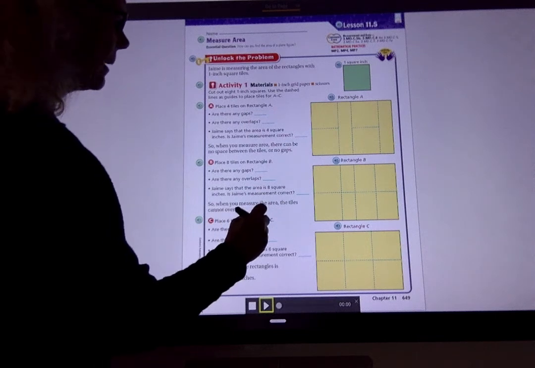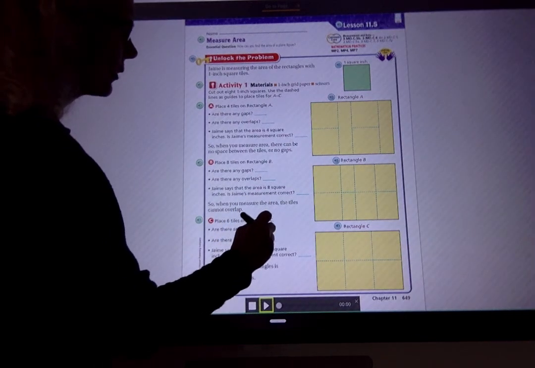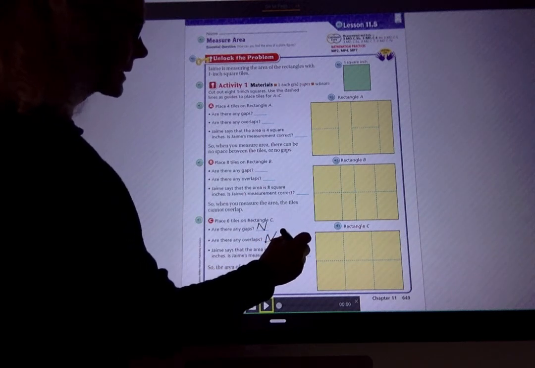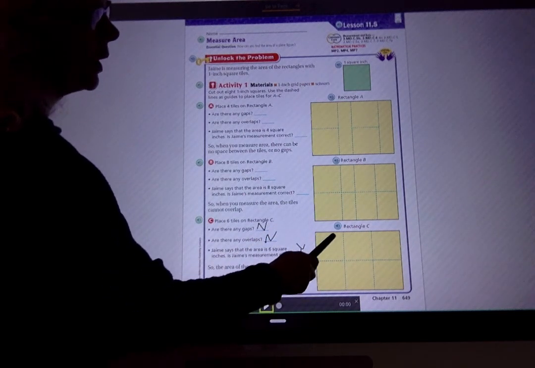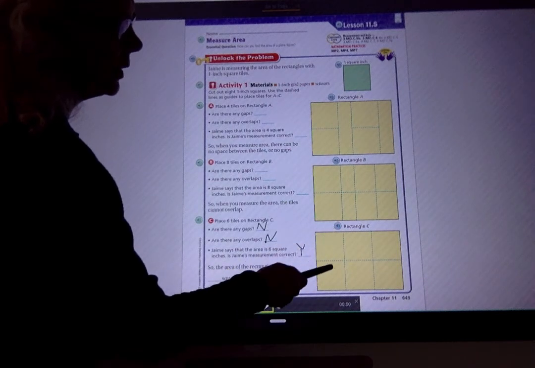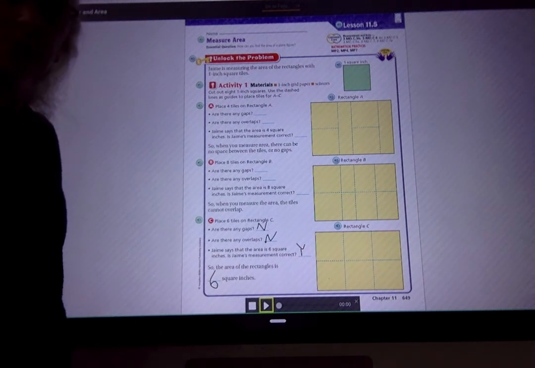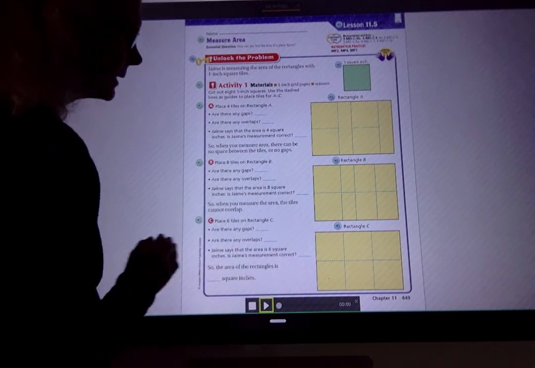There are no gaps. There are no overlaps. Is he correct? Yes. So it is 6 square inches. Okay, we're going to go to the next page.